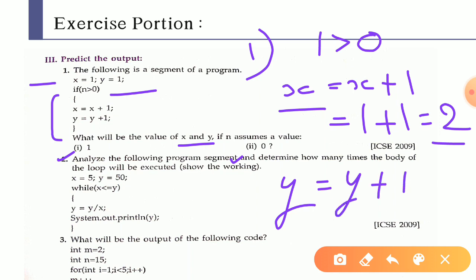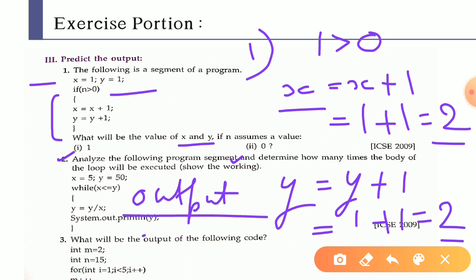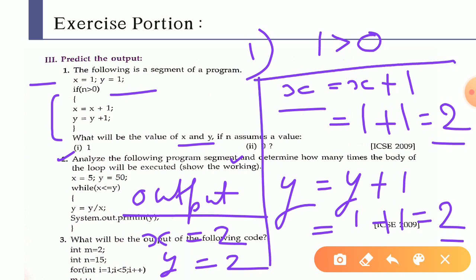The initial value of y was again 1, and plus 1 gives 2. So you have to write down the output, and below that x equals 2, y equals 2. My dear students, it is always better to show these steps in your answers. Now this is the answer when n equals 1.